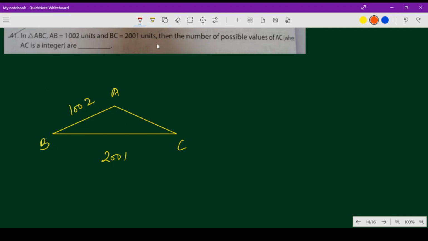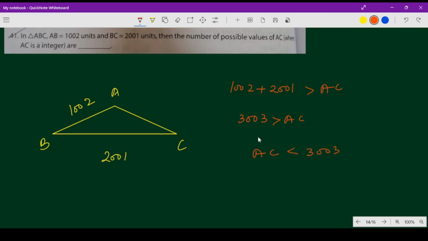By the triangle inequality we can say that the sum of any two sides is always bigger than the third side. So with that we can say that 1002 plus 2001 is bigger than AC, means by adding, 3003 is bigger than AC, so AC is less than 3003.